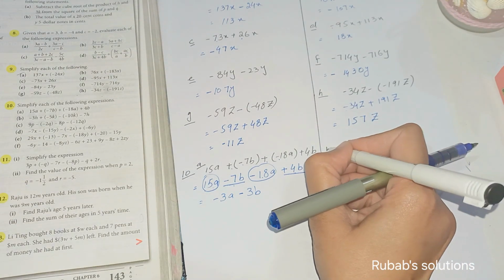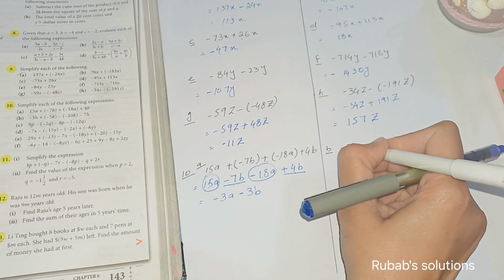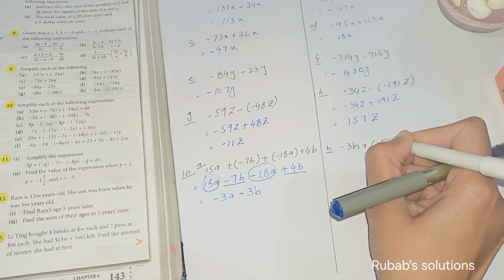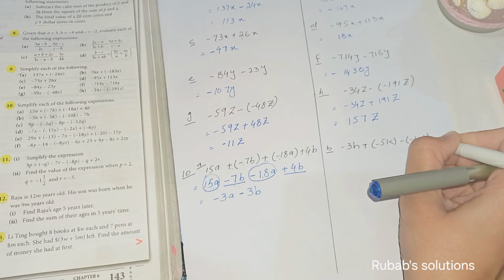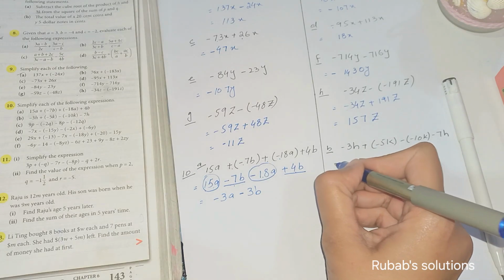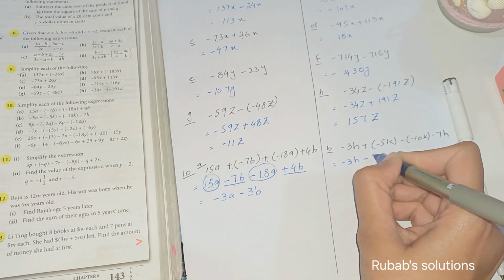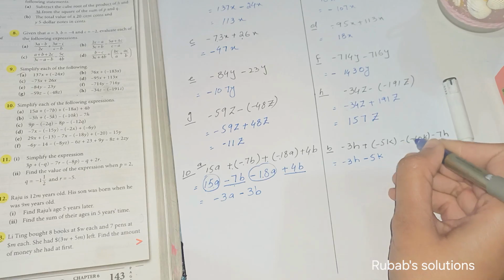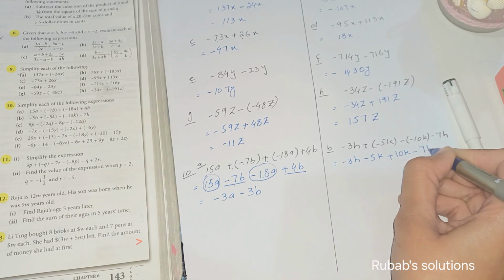Part B is minus 3h plus minus 5k minus minus 10k and minus 7h. First of all, I have to open the bracket. Minus 3h plus minus is minus 5k minus minus plus 10k, and this is minus 7h.